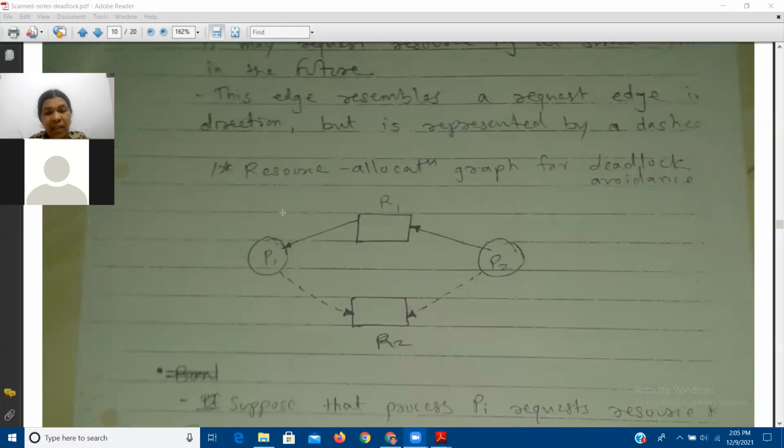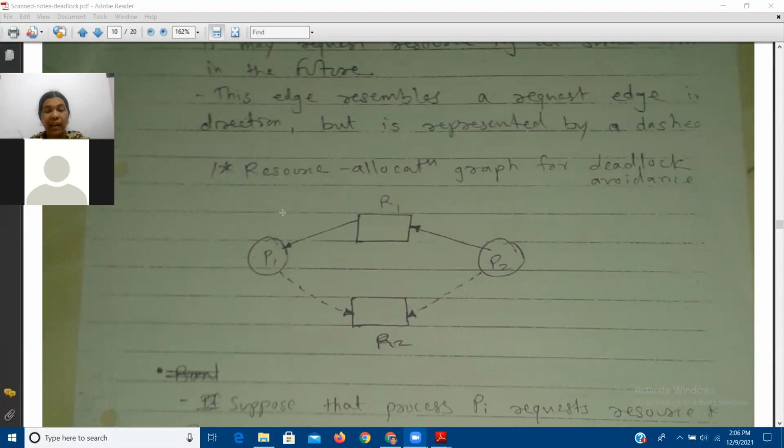So if P1 makes a request to R2, that edge will get converted into a request edge from P1 to R2. And as R2 is totally free, because P2 has not yet made a request and R2 is not allocated to any process, the operating system will grant the request of P1.